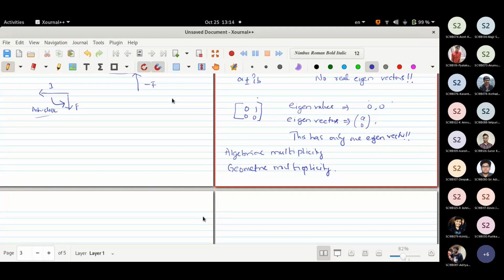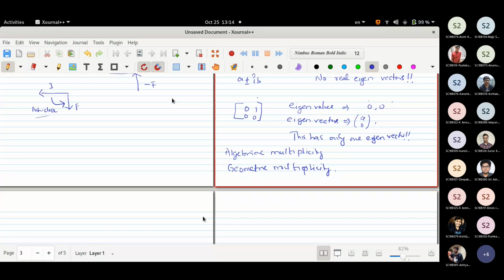We need to show that every tensor of inertia matrix has three sets of eigenvectors and eigenvalues. Otherwise, these kinds of issues can come. So we have to use the special properties of the tensor of inertia.